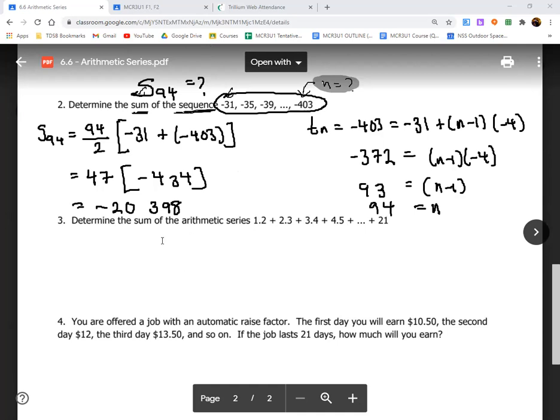So as a quick recap, for a question like that, we had to identify it. Sum means we're using the series formula. Number 2, we checked if it was arithmetic or geometric. Like, is it a difference or is it a ratio?